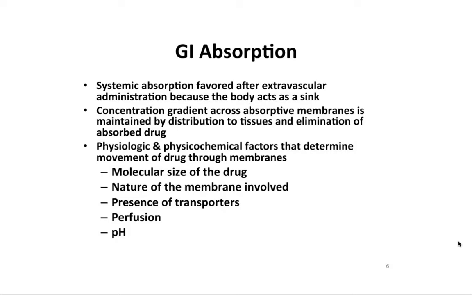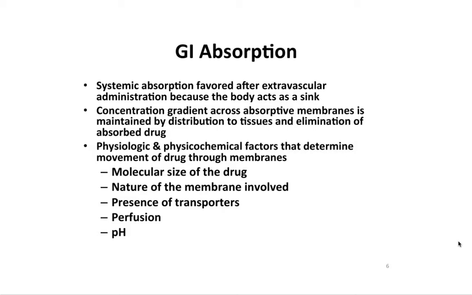Additionally, there are some physiologic and physicochemical factors that can impact movement of drug through the membranes: molecular size of the drug, the nature of the membrane involved, presence of transporters, perfusion, and of course pH, because pH is connected to the degree of ionization.